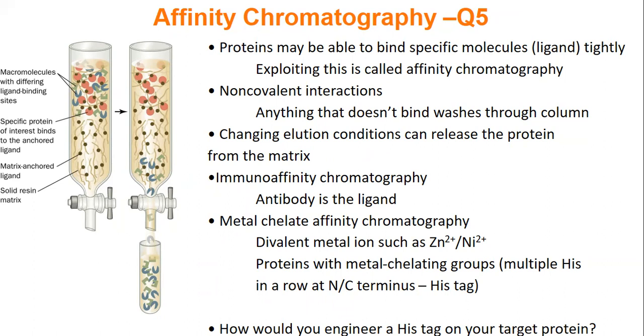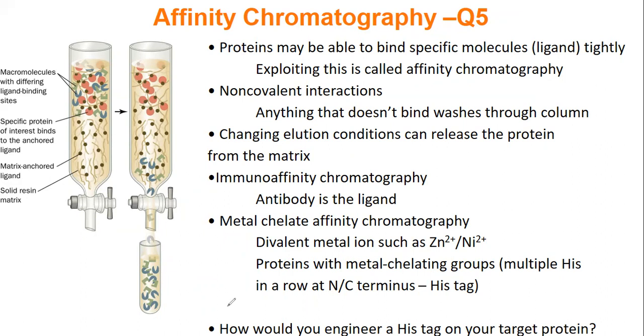Now, that's very convenient for us because in nature, proteins just don't naturally have a his tag. Proteins naturally just don't have 5 or 6 histidines at the beginning or end of their sequence. So we can make proteins that have histidine tags using techniques we already talked about.